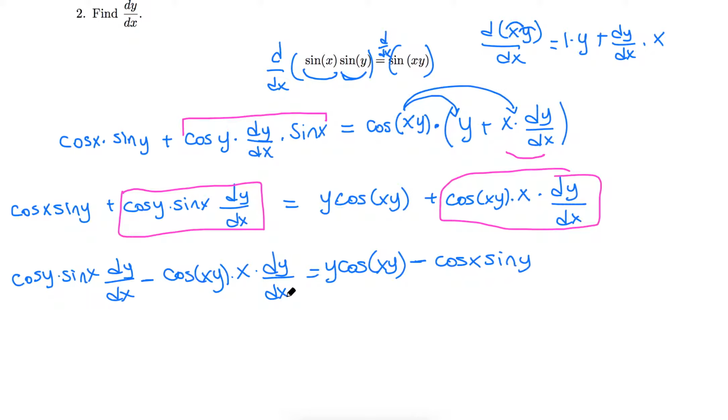And then the next step is to factor out dy over dx. So we get dy over dx times cosine y sine x for the first one, minus cosine xy times x, that's the second one, equals this whole thing.